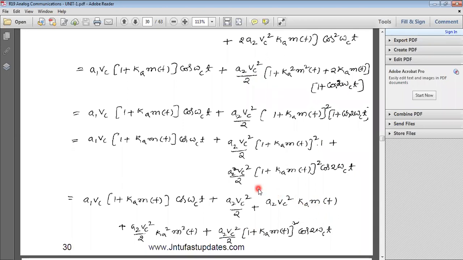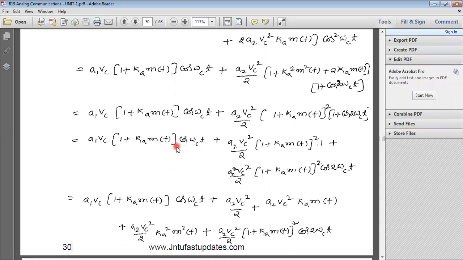The last term is as it is, that is A2 Vc square by 2 into (1 plus Ka m of t) whole square into cos 2 omega ct. We directly multiply with A2 Vc square by 2 into (1 plus Ka square m square t plus 2 Ka m of t). So observe the terms.